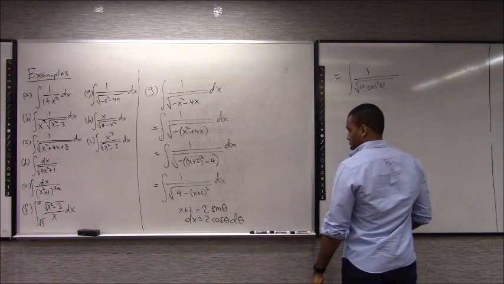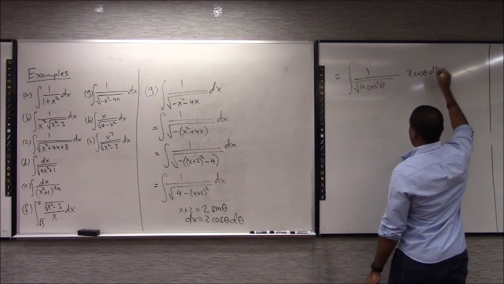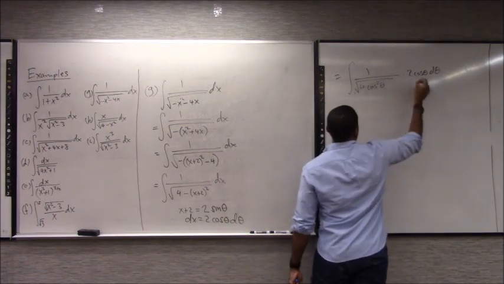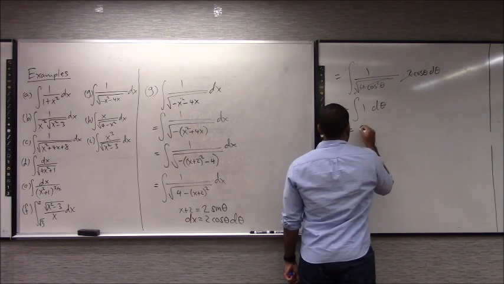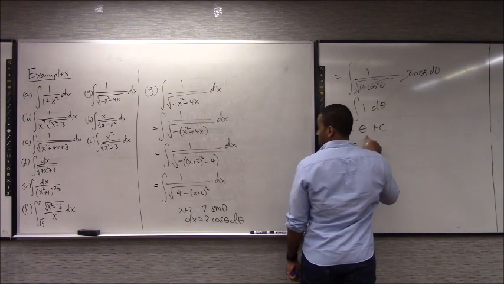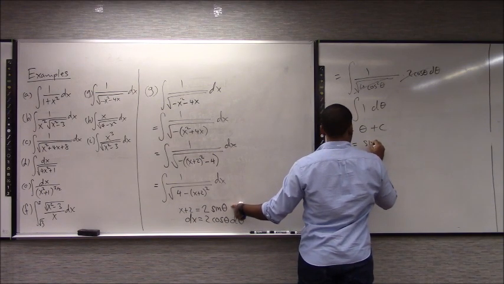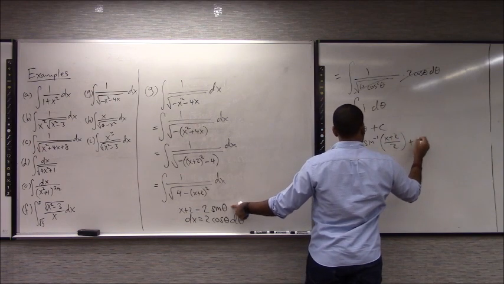My dx is going to be 2 cosine theta d theta. And of course that all cancels with that. So this is just the integral of 1 d theta, which is theta plus c. My theta is just going to be the sine inverse of (x plus 2) over 2.